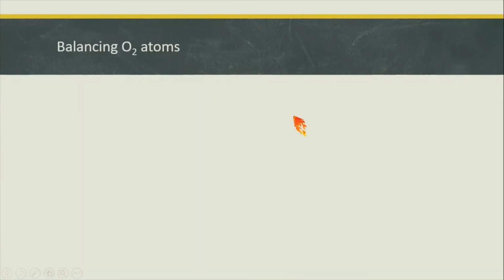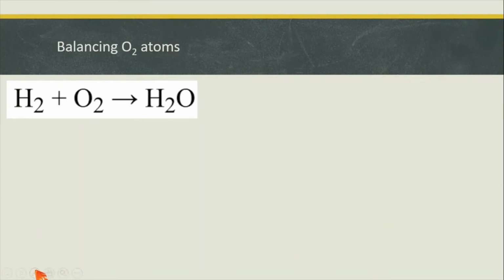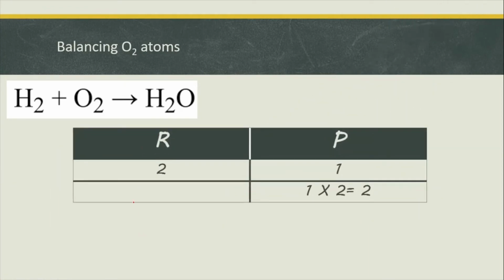So we are going to balance it now. First we are going to balance the O2 atoms. Let me take my pen. Here are the reactants, and here's the product. On the reactant side, there are two atoms here, and on the product side there's only 1, which is this one.